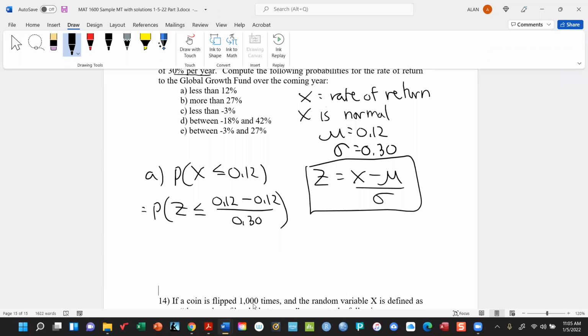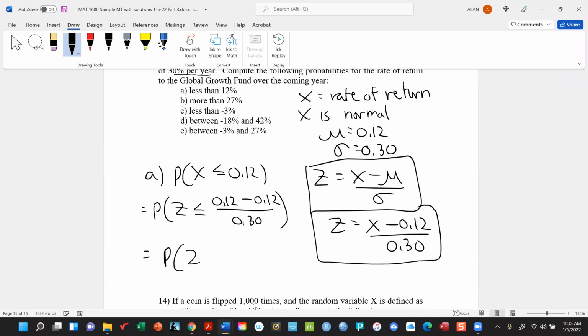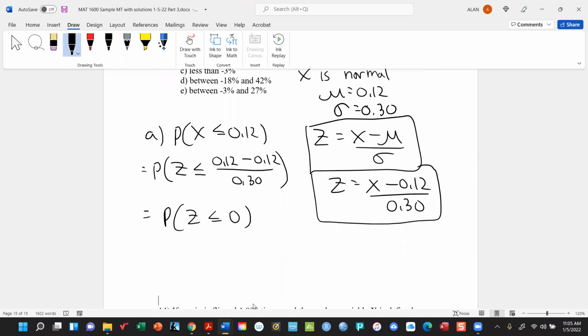All right, so actually, let me add this one thing here. In this case, every time we're subtracting 0.12 and we're dividing by 0.30. Well, guess what? It's 0. And we've already seen, we don't even have to look it up again. It's 0.5 because half the distribution is below the mean.